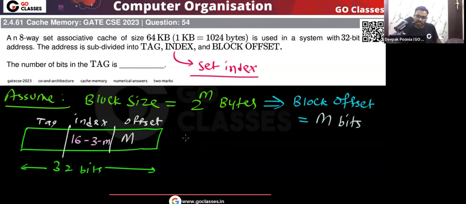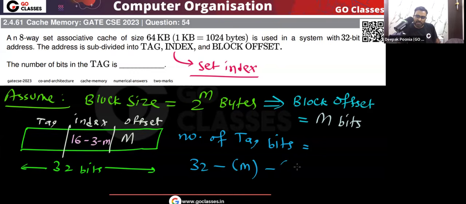So you can easily see the number of tag bits will be equal to 32 minus m minus (16 minus 3 minus m). Finally it will be 32 minus m minus 16 plus 3 plus m.